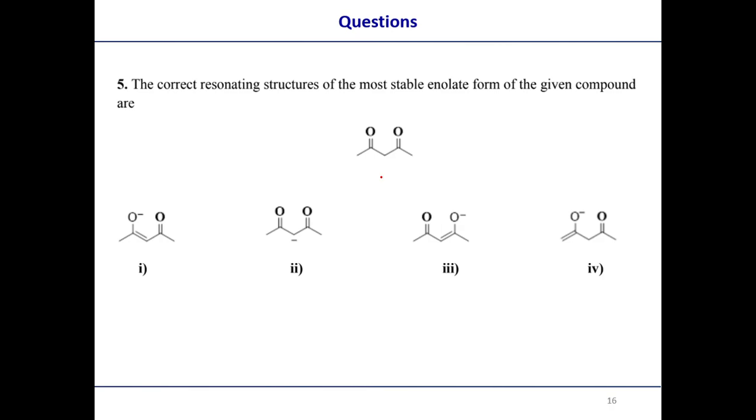The next question is the correct resonating structures of the most stable enolate form of the given compound. So this is the given compound. You have to find out the most stable enolate resonating structure. Which one is the stable one? Most correct.